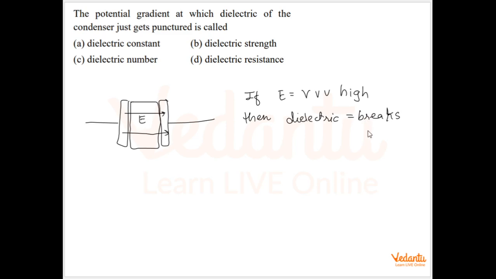What do I mean by it breaks down, my dear bachcha log? It starts conducting electricity, lets the charge pass through.